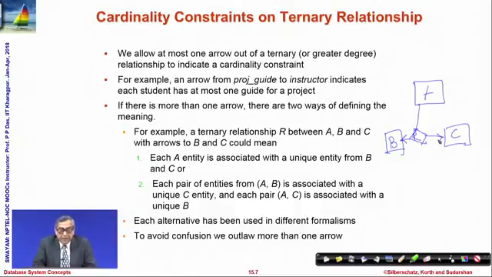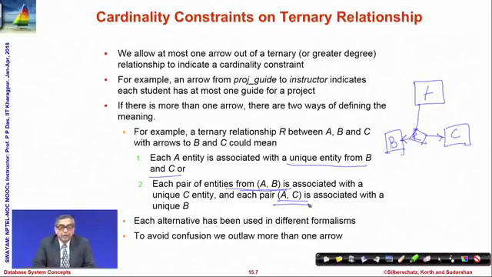Should we interpret that an entity of entity set A is associated with a unique entity from B and C together, or should we interpret that the entities formed by the pair A B and the entities formed by the pair A C are uniquely related?